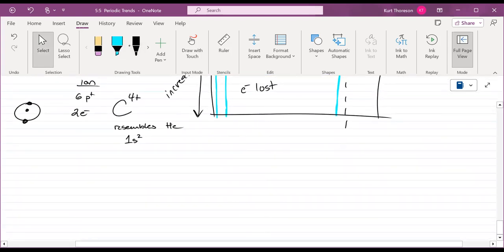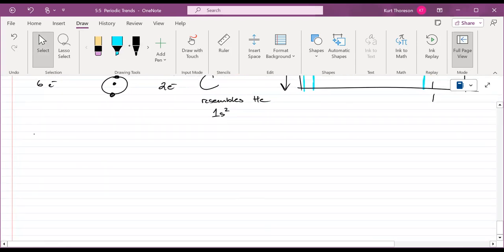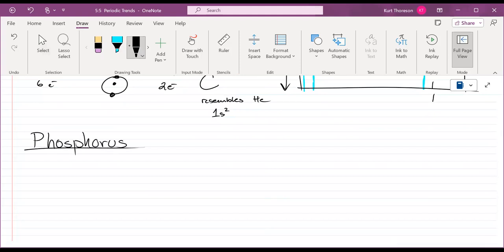So we need to start talking about some negative ions. I want you to do phosphorus for me. Please draw phosphorus. Phosphorus has 15 protons, 15 electrons. Please draw it.